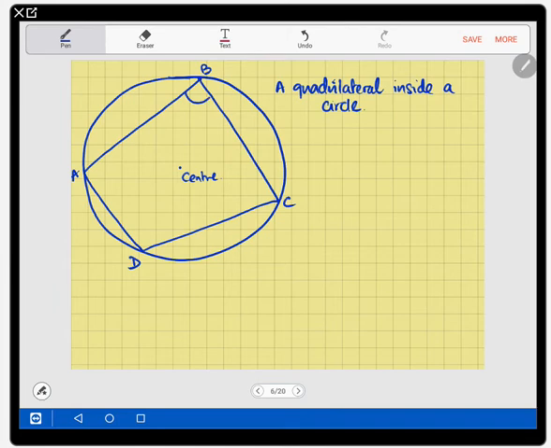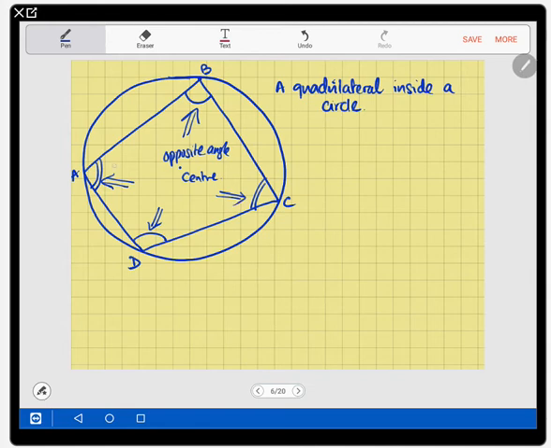If I call this angle and this angle opposite angles, right? You can see this. Opposite angles. Similarly, this one and this one are opposite angles.